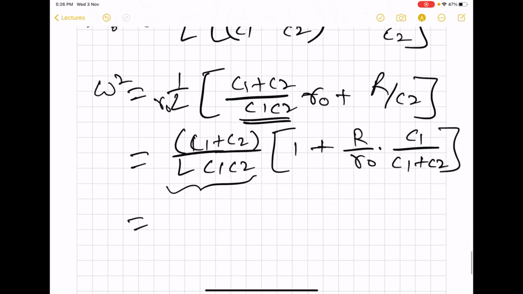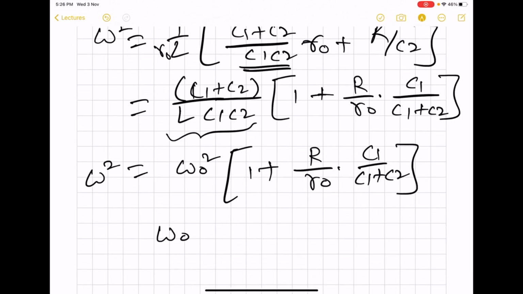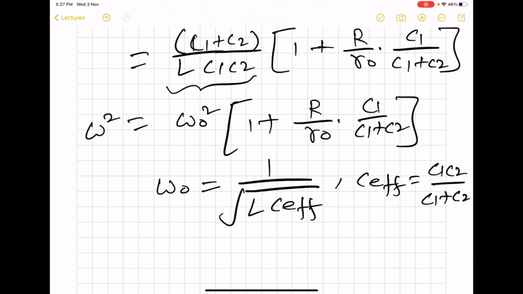So here we see this is the oscillation frequency of the lossless case, where omega naught is this, for the lossless case.